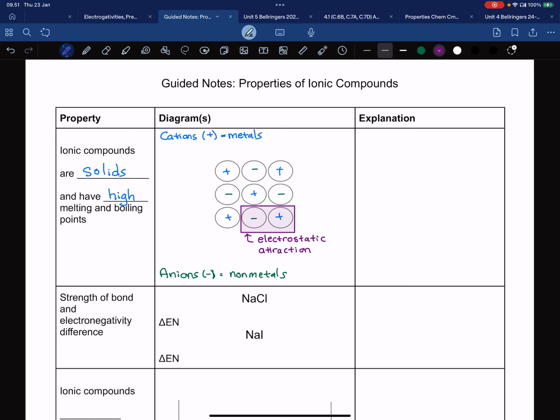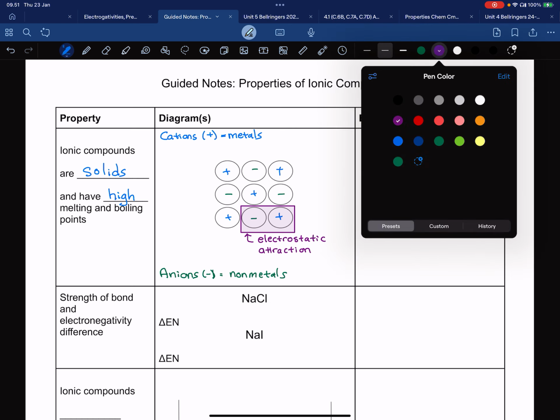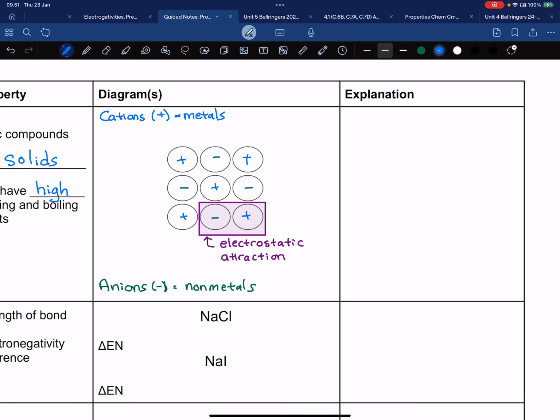Because any ionic compound is made up of billions and billions of ions, the electrostatic attractions between the positive cations, actually I should say cations, shouldn't I?